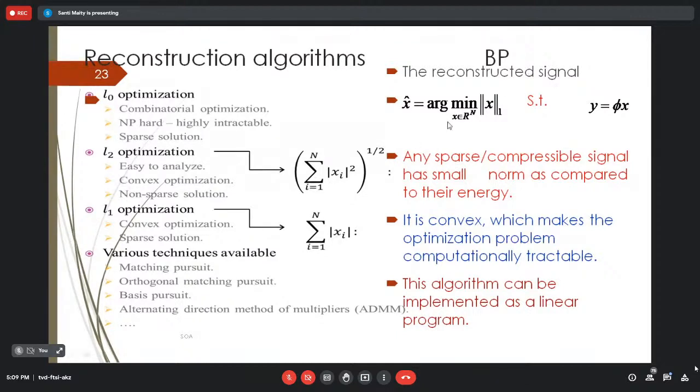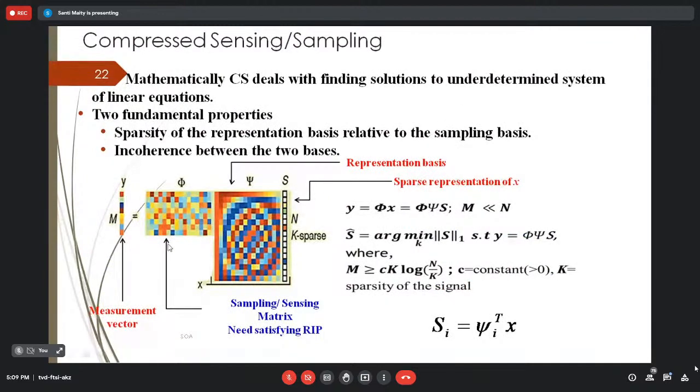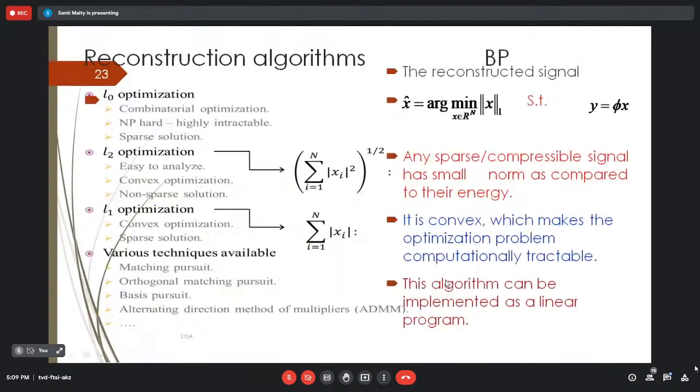So in this reconstruction problem, while mapping from measurements to S, you are essentially doing this optimization. This provides you the solutions, and that's convex optimization, linear programming and the like. You can make use of convex optimization and find the solution.